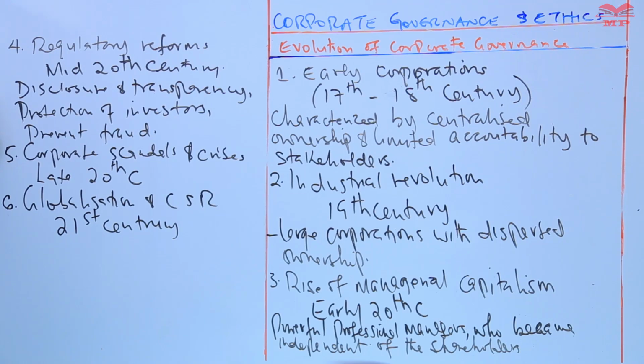The 21st century has seen the rise of globalization and increased awareness of CSR, and companies are now expected to consider the impact of their actions on a wider range of stakeholders, including the customers, the employees, the suppliers, the environment, and so on.